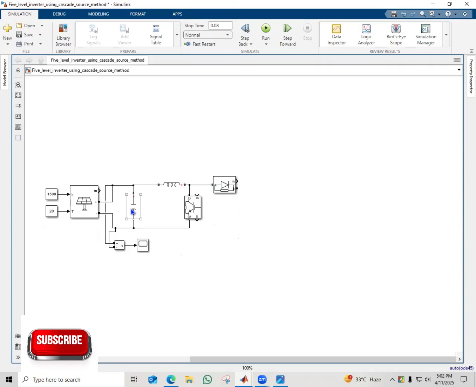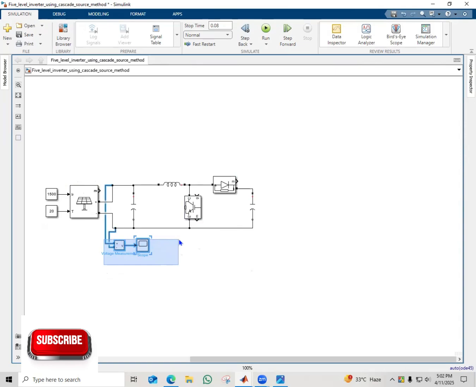Now we need a balance capacitor so that the output will be balanced here. Just copy the capacitor part from inside and paste here. Okay, this part is our voltage booster circuit which can boost up the voltage accepted from the PV panel.